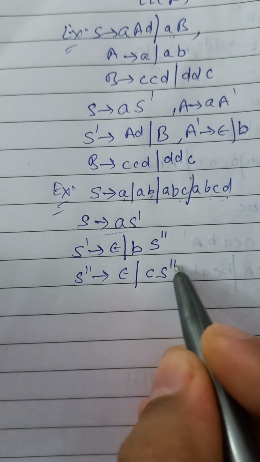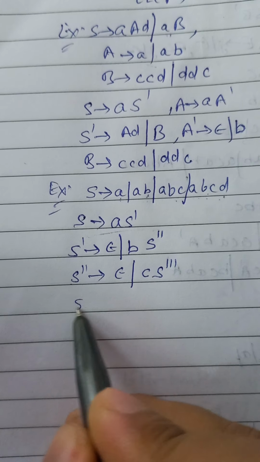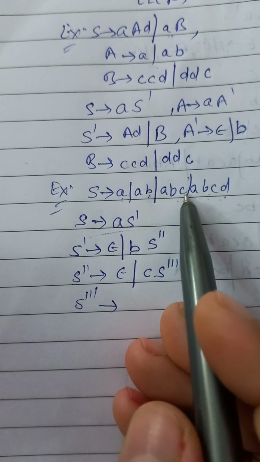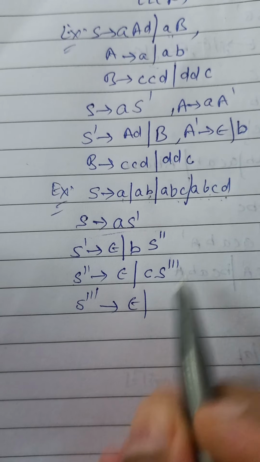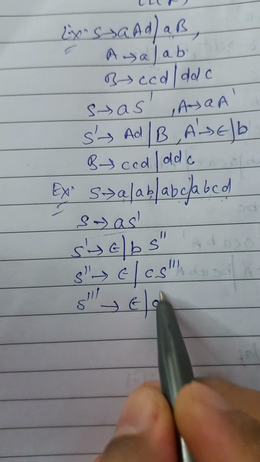So we take S triple dash, a new variable. What will come in S triple dash? The first is C, which is single here, so it will be epsilon, and what is left here? A, B, C are all over. What is left here? D.